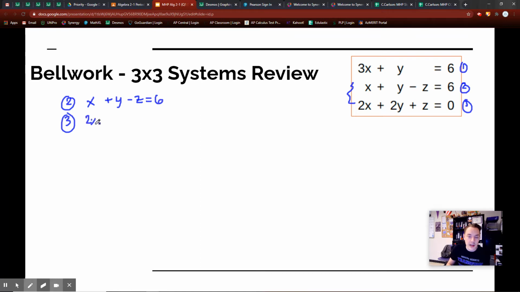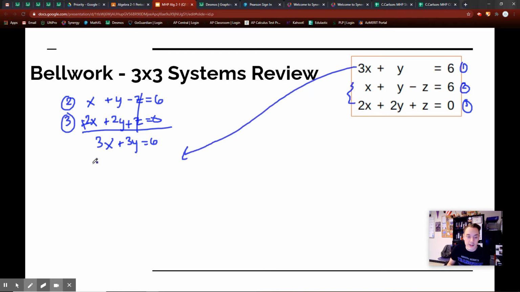The third is 2x plus 2y plus z equals 0. Adding them gives 3x plus 3y equals 6. Now we can use equation 1 right there and just plug it right in. Now we can actually solve this linear system.